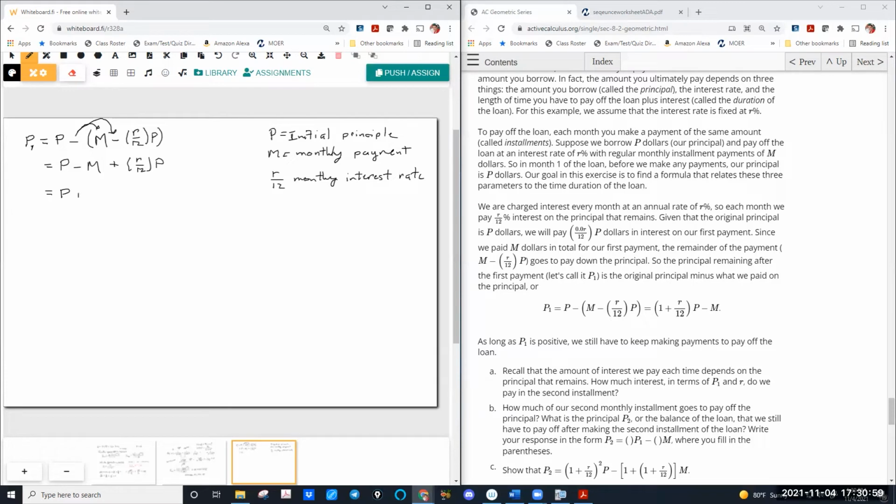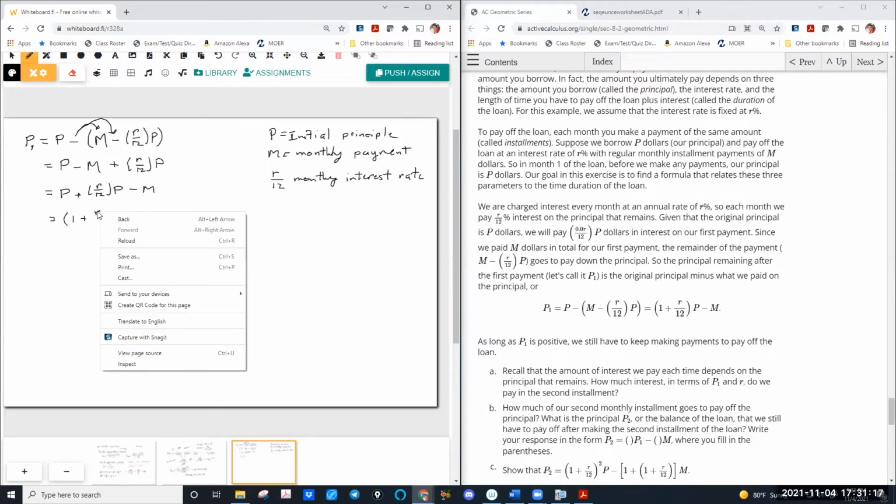So P plus R over 12 times P minus M. That allows me to factor a P out. And that's going to leave me, I'm going to write it the same as the book. I think myself, I like writing it the other way. I want it to match up with the book. If I factor the P out of those two terms, I get something that looks like this.